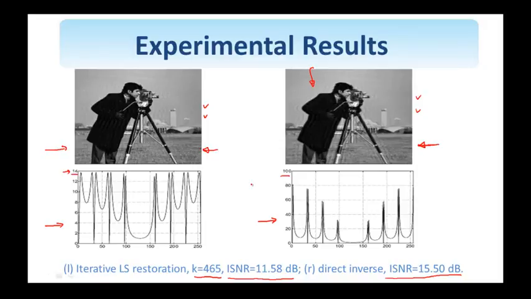Actually, the exact zeros of the frequency response of the degradation system do not cause any problems with this generalized inversion. The restoration filter will be 0 as well at those frequencies. But it's really the small values of the frequency response of the degradation system that cause problems.